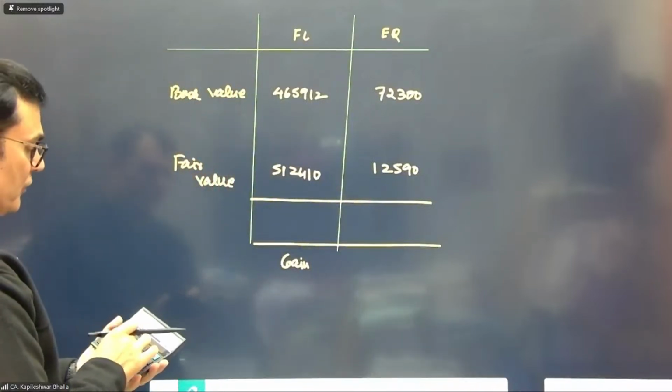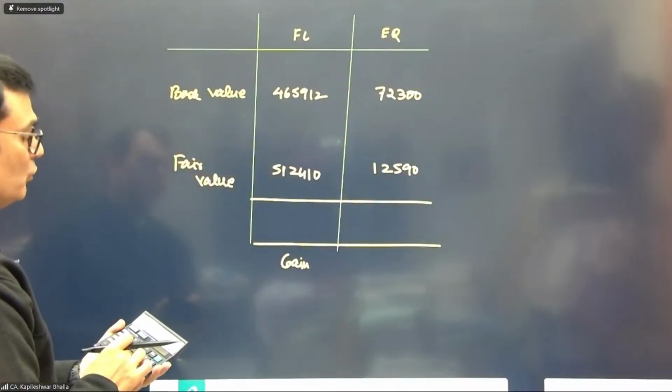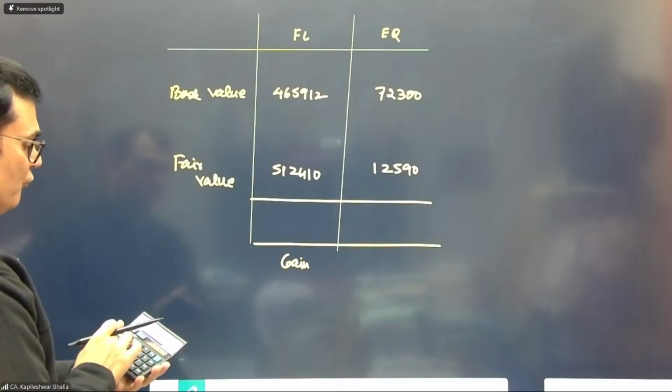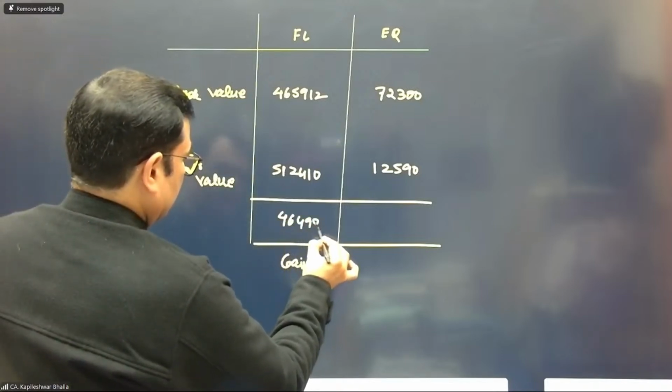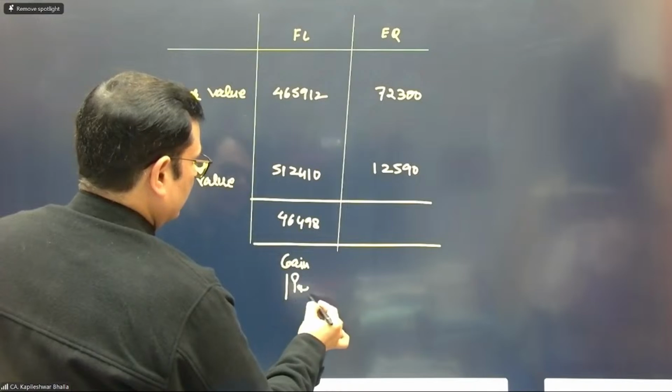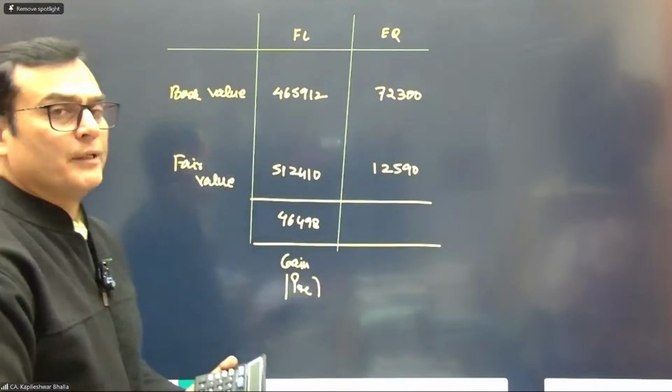Let's take the difference, 465,912 versus 512,410. This comes to 46,498, and this gain is going to be taken in the profit and loss account.